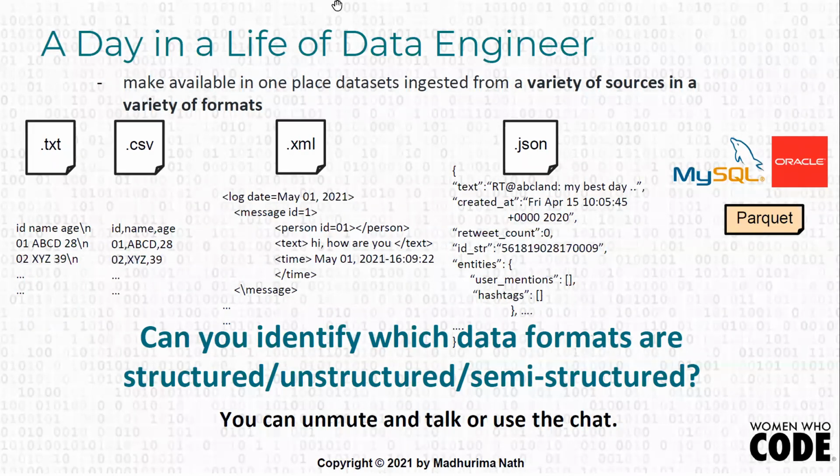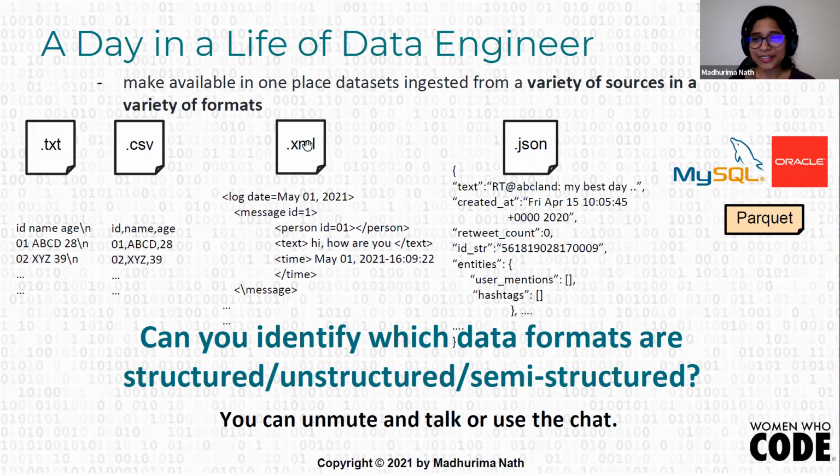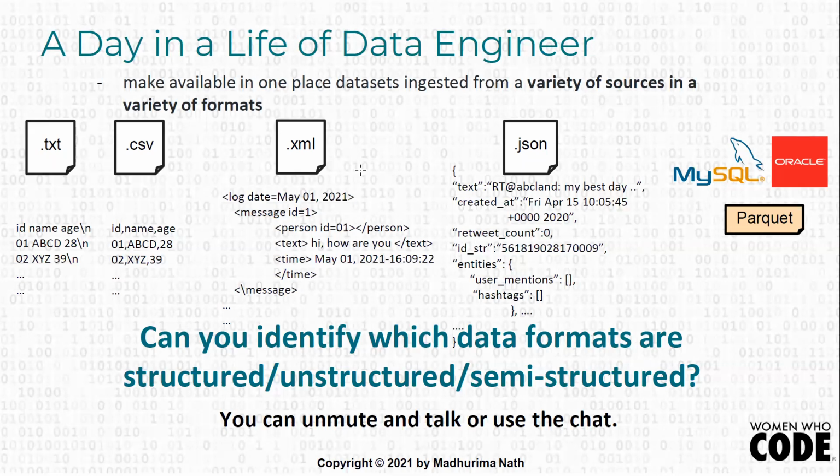Yeah, the .txt and CSV are unstructured, and, correct, XML and JSON are structured. Anybody else before I give the answer? Any other guesses?